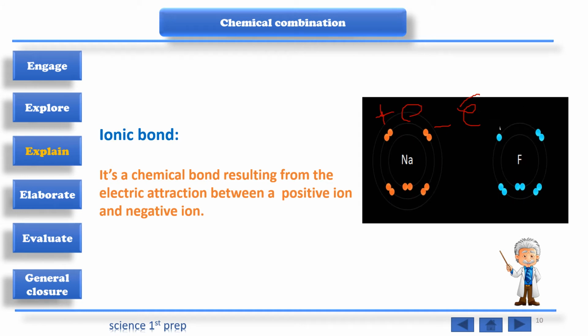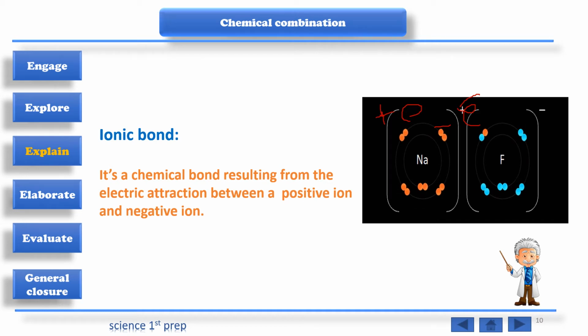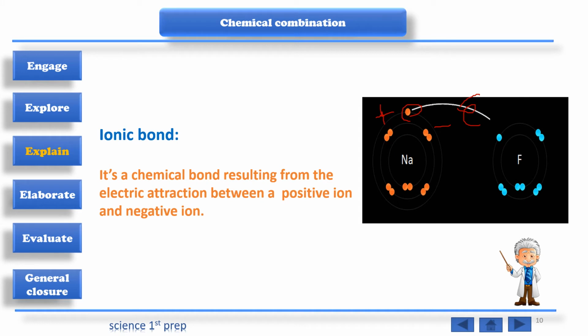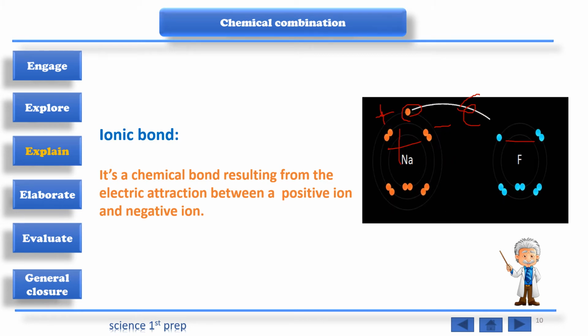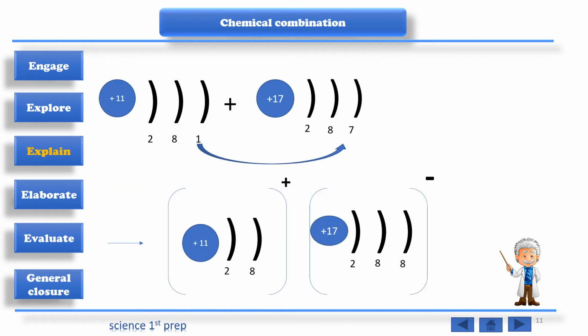As we know, different charges, like we studied in the magnet, attract together. So in the ionic bond we have positive and negative ions. So this attraction is known as the ionic bond. Here we have sodium and the chlorine atom.